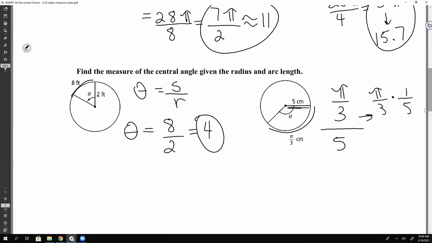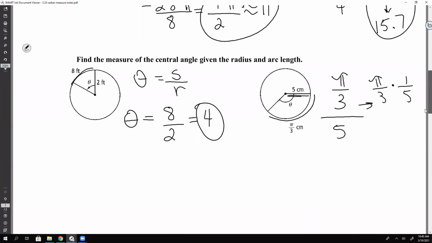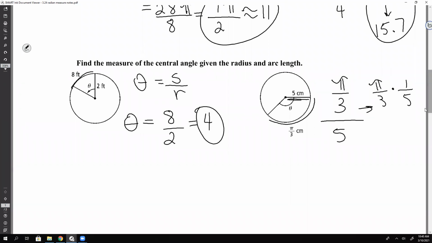Basically I'm taking the radius and putting it in the denominator of a fraction, and I'm putting 1 over the top of it. So we have pi over 3 times 1/5, because multiplying by 1/5 is the same as dividing by 5. So now I multiply the tops together, so I get pi, and then 3 times 5, that's 15. So it's pi over 15.